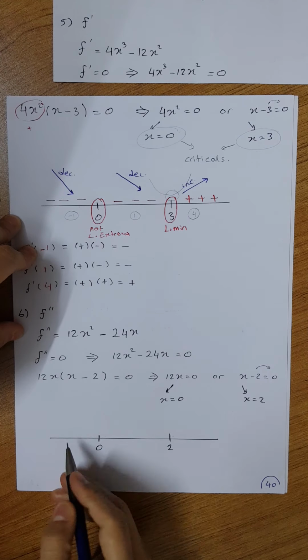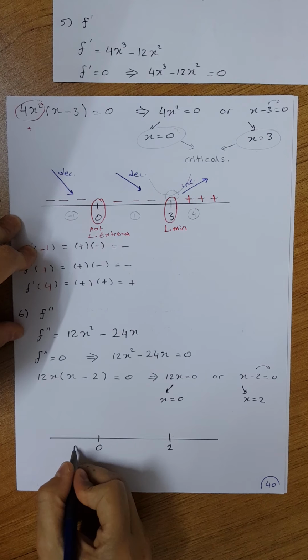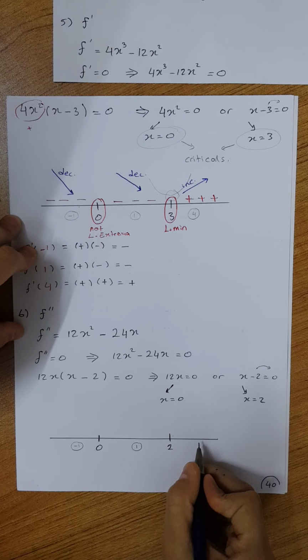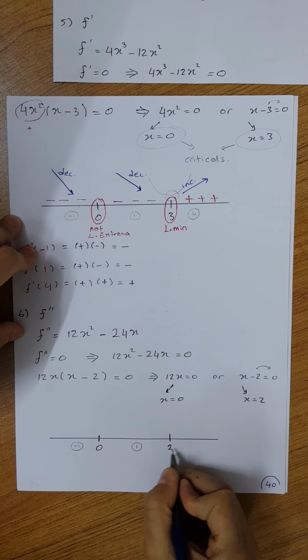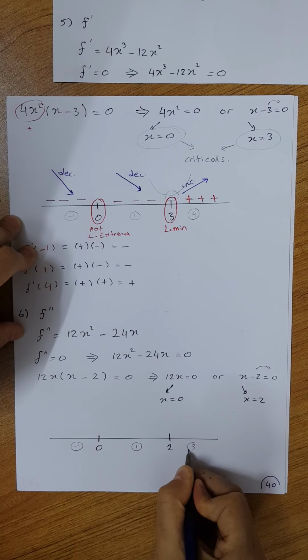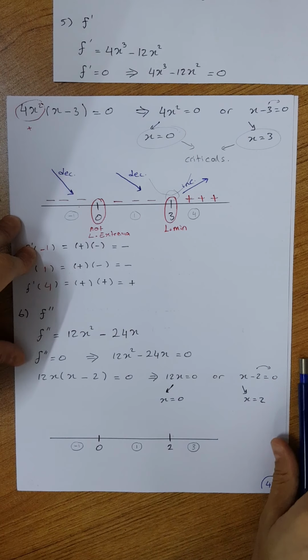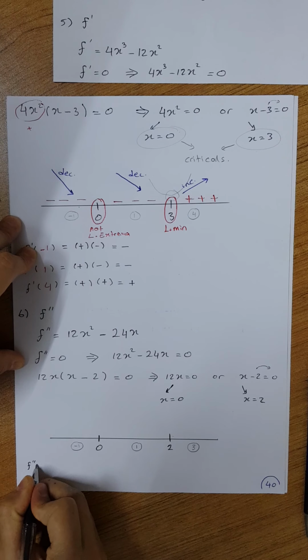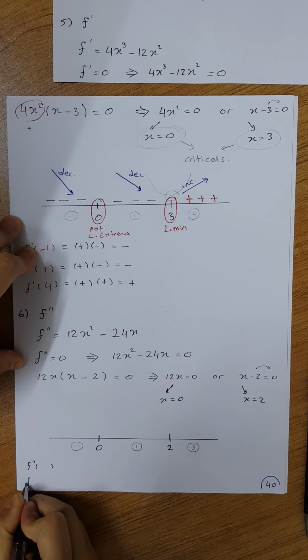Okay, now again, we have got sub-intervals. For the interval less than 0, I will choose -1. For the interval between 0 and 2, I will choose 1. And for the interval greater than 2, I will choose 3. Again, what do we have to do? We have to find f double prime of the function.